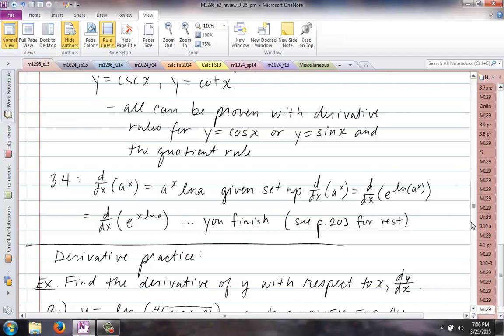And then I would maybe give you that next step where you have to use the log properties to bring down the exponent x and write it as a product times the natural log of a, and then have you finish it. That derivation's in your book on page 203 if you want to see the rest of it.